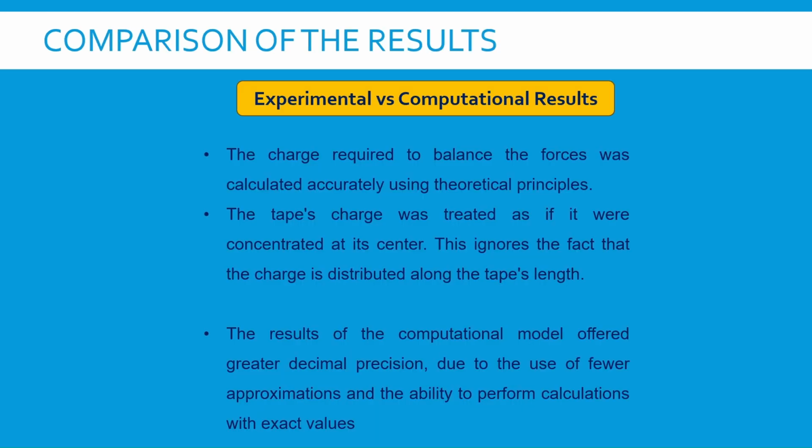Comparing the results, when I did this experiment experimentally and computationally, both charges were accurately calculated using the theoretical principles, and both were treated as little point charges. However, I feel the results of the computational model were more precise because I used fewer approximations than when I did it manually.